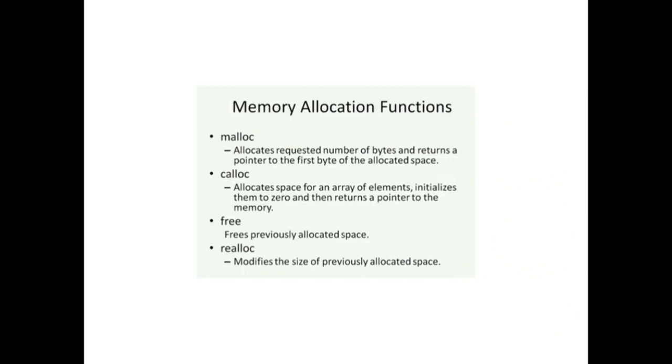So the possibility of getting a garbage value will not be there in the case of calloc, but in the case of malloc there is a possibility that a garbage value could be returned if you try to access a memory location inside the memory block that has been assigned by malloc to the application for dynamic memory use. Now the free function is used to free the previously allocated space.